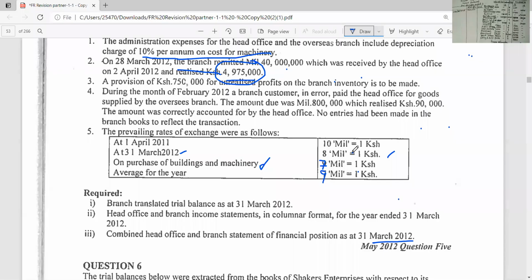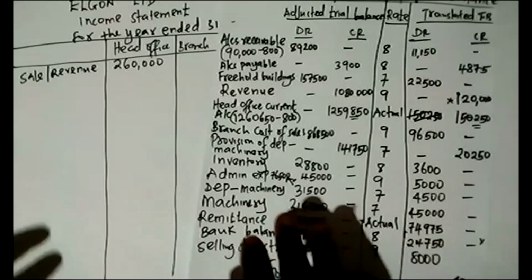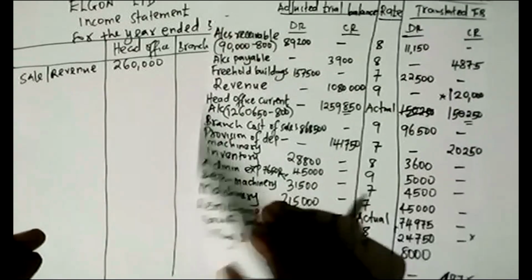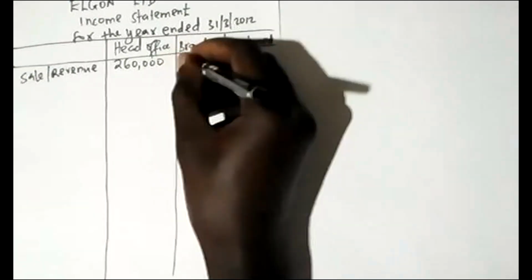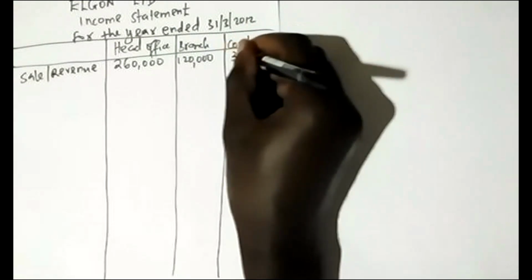So on the side of the head office, our revenue is 260. Then the one which you translated for the branch, 120,000. If I add the two, I'm getting 380,000.